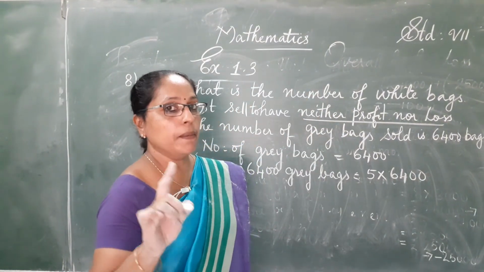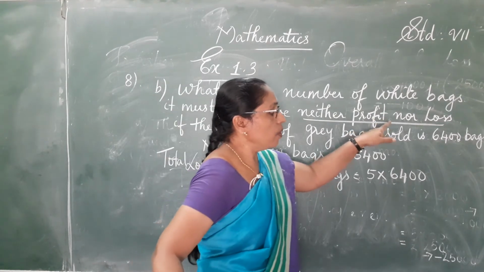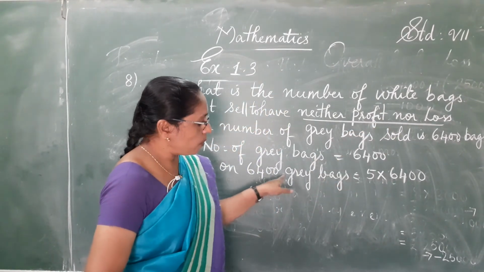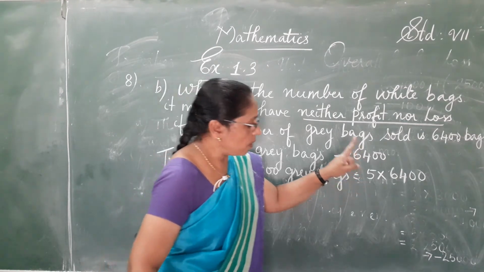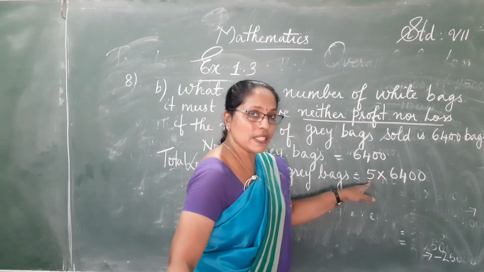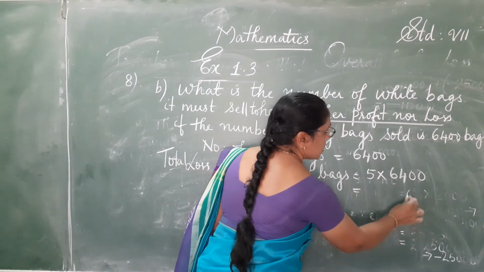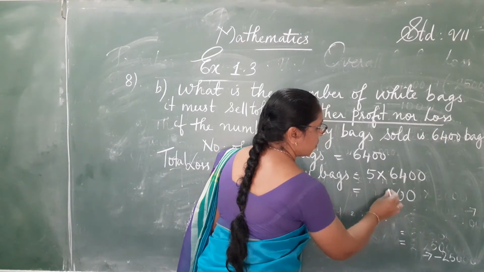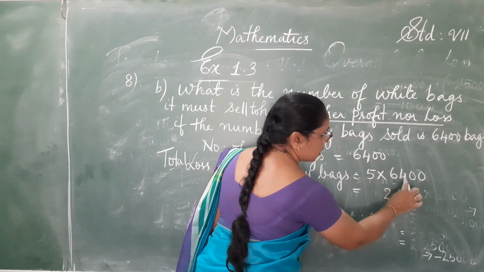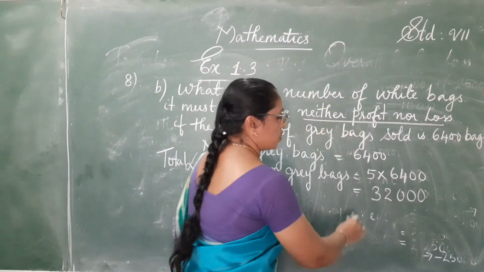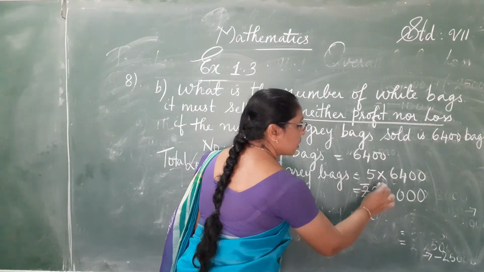Rupees 5 per bag loss for grey bag cement. So here we have 6,400 grey bags. On one bag the loss is rupees 5. So for 6,400 bags it will be 64 into 5, 5 4s are 20, 32. So 32,000. So rupees 32,000 loss.